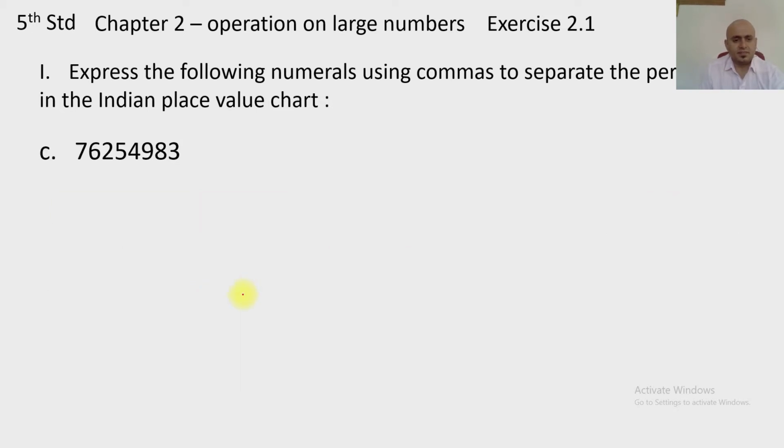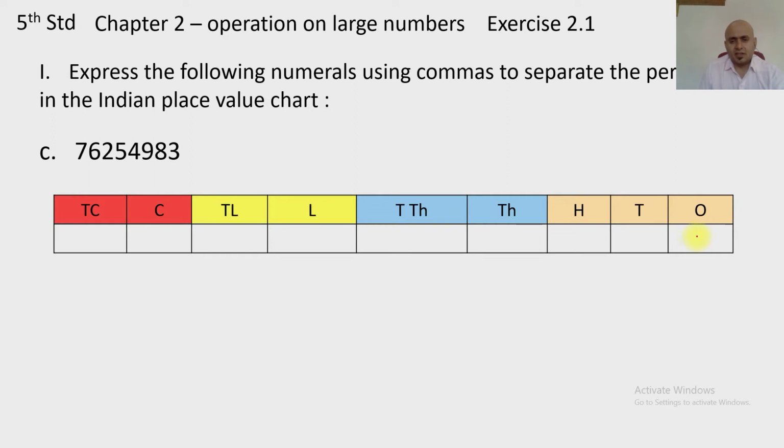Next question, 76254983. Let us fill this number in the table, starting with ones, that is 3, 8, 9, 4, 5, 2, 6 and 7. So here we got 7 in the crores place.